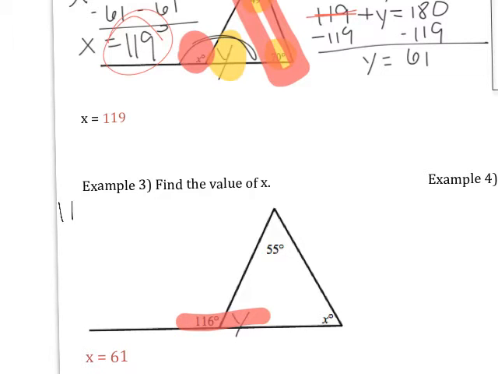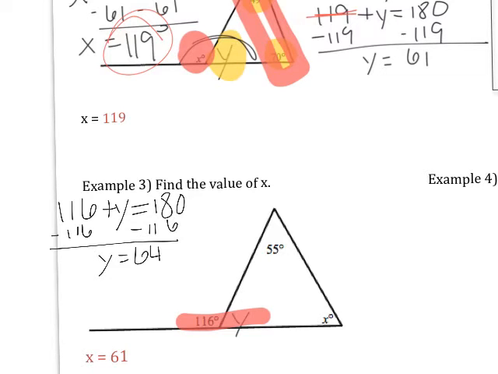So 116 plus y is equal to 180. Subtract 116 from both sides, and y equals 180 minus 116, which equals 64. So this angle here is 64.